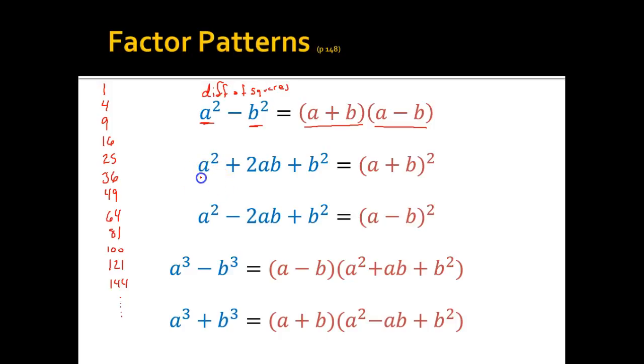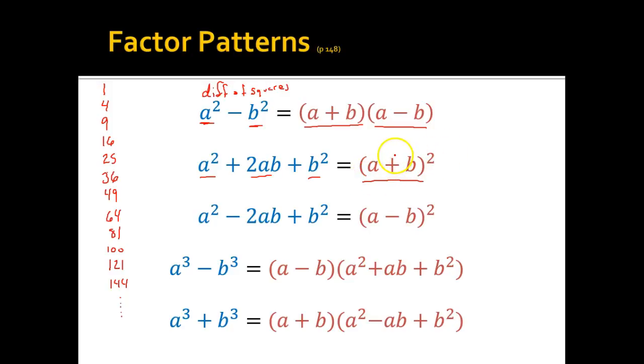The second pattern has something squared, again a perfect square, plus 2ab plus another perfect square. So this time, instead of perfect square minus perfect square, we have perfect square plus another perfect square, and then in the middle we have the thing being squared in the beginning and the thing being squared at the end multiplied together times 2. We'll see in just a few minutes how that came about. But that factors out, and the answer is just a plus b squared.